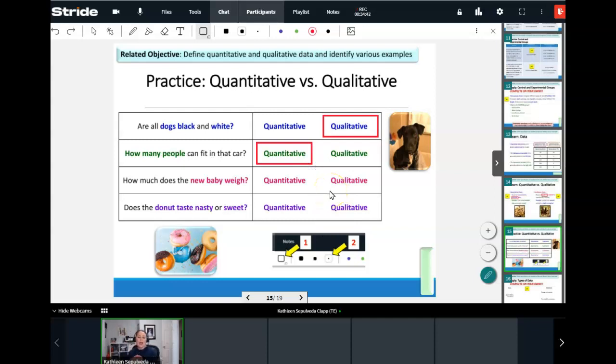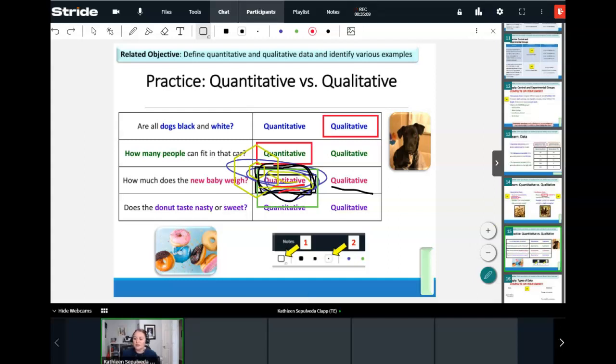What about this next one? How much does the new baby weigh? I'm going to go ahead and give you your whiteboard tools. I want you to go ahead and mark that one. How much does the new baby weigh? What do you think? Good. I'm seeing a lot of answers in there.